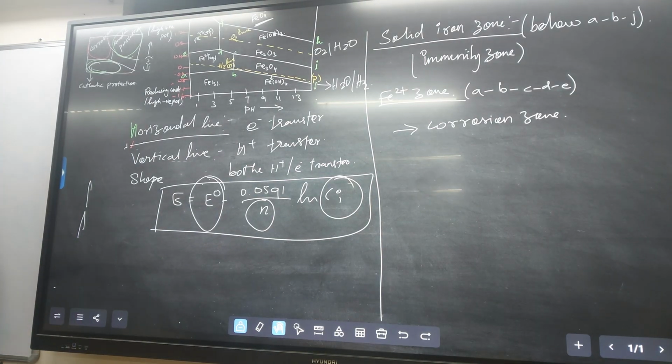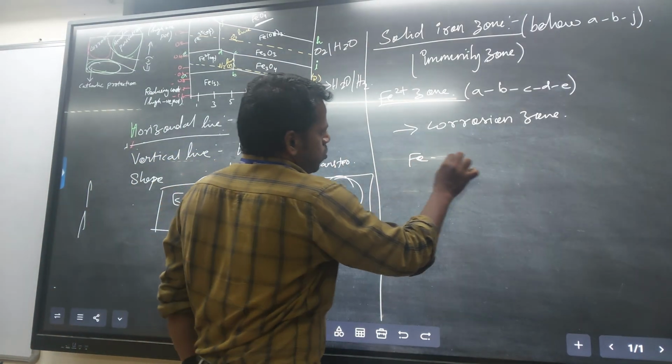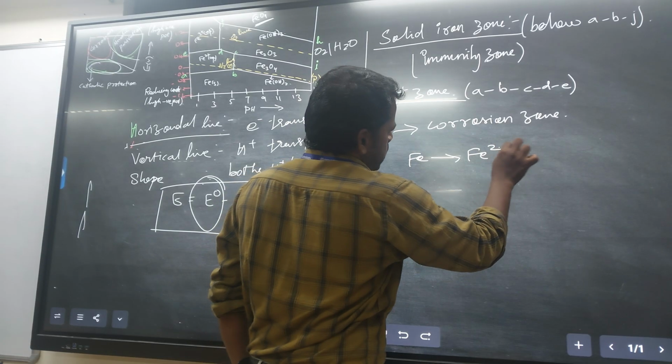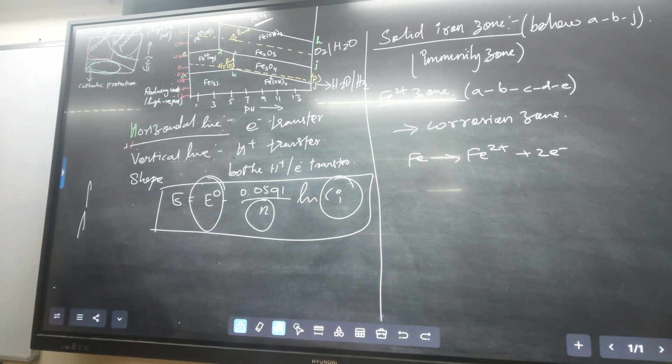Here the iron will definitely corrode. Metallic iron oxidizes: Fe becomes Fe2+ plus 2 electrons. Iron is converted into iron 2+, it oxidizes, forming ferrous ions.